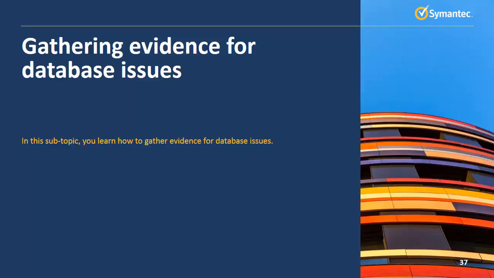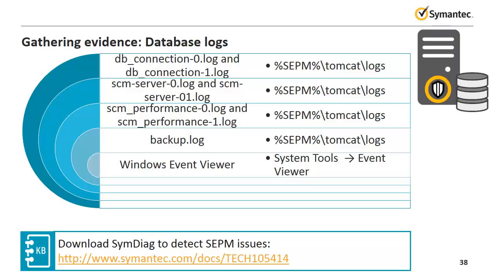Let's apply the troubleshooting methodology for resolving database issues. During the Gather Evidence phase, you collect Tomcat and Windows Event Viewer logs. If the SEPM is experiencing database connectivity issues, you may also see entries in the database connection-0.log and the SCM server-0.log. If services fail to remain in a start state, you can also find entries in the Windows Event Viewer.